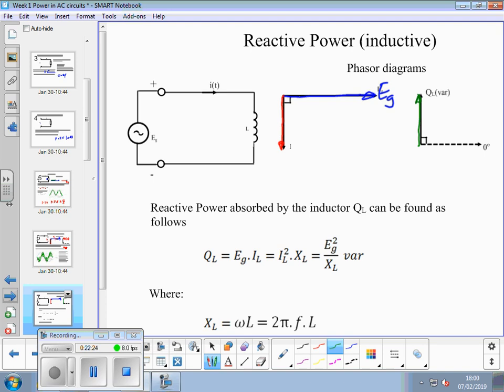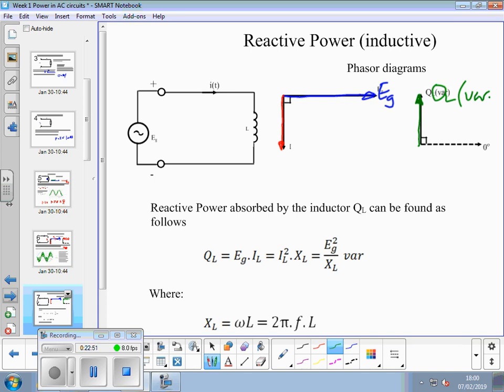QL is considered to be positive in angle. So there's the arbitrary 0 degrees, and QL makes a vertical component upwards, positive 90 degrees.